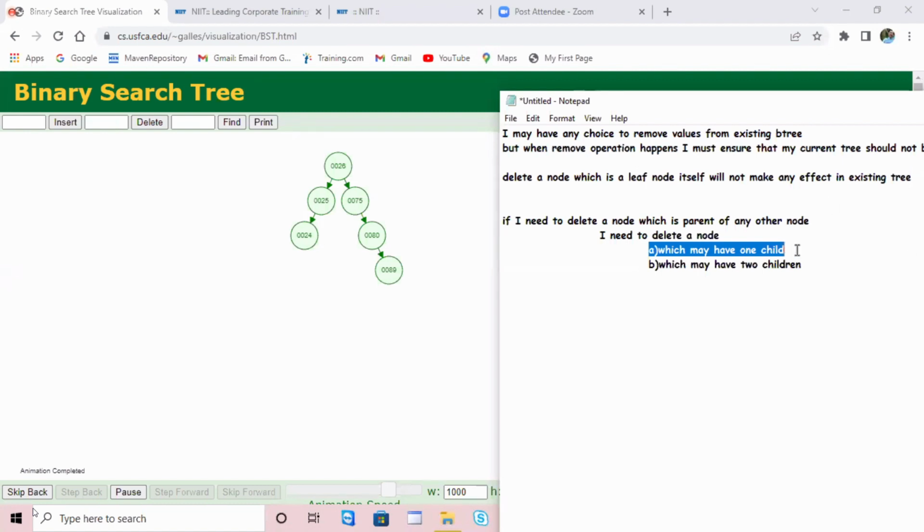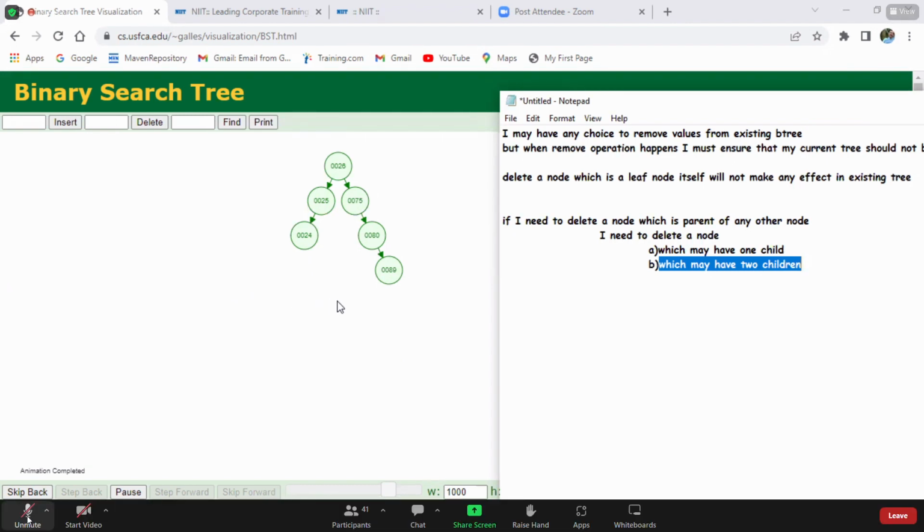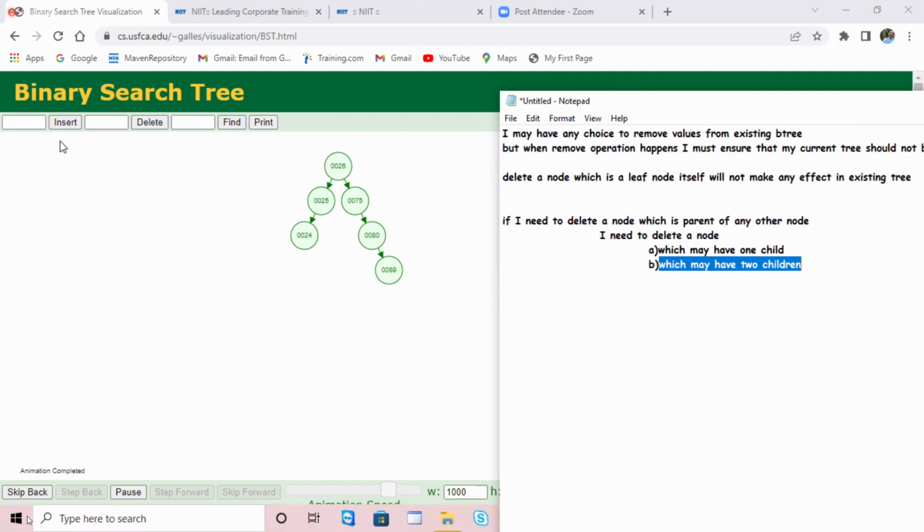So if there is a single child, either left or right, that single child becomes the parent. No problem. But when there are two children, the lowest of these two children will be taken as your parent. So if 24 has two children, or say 89 has two children, let's see.